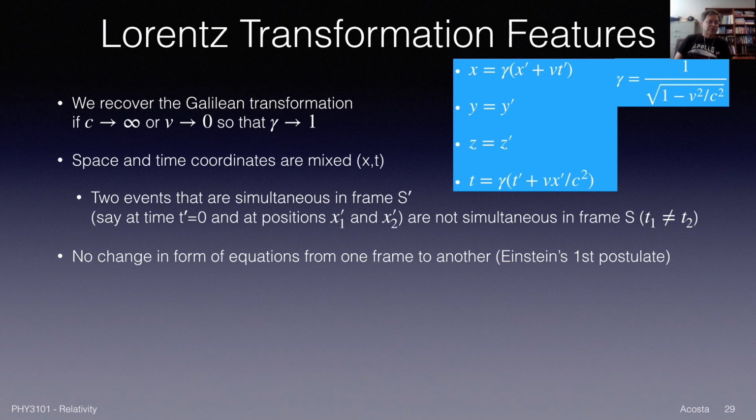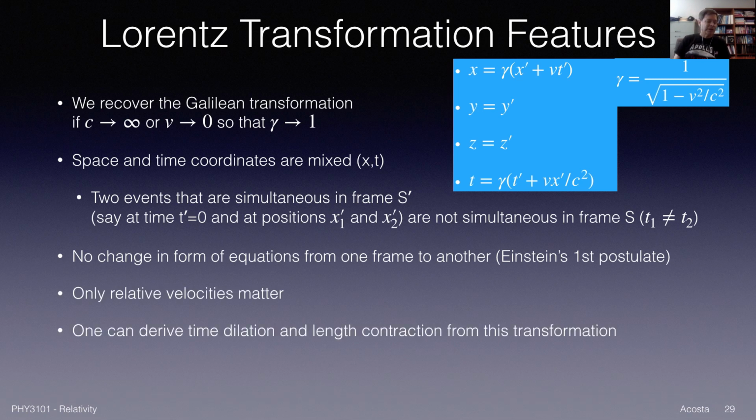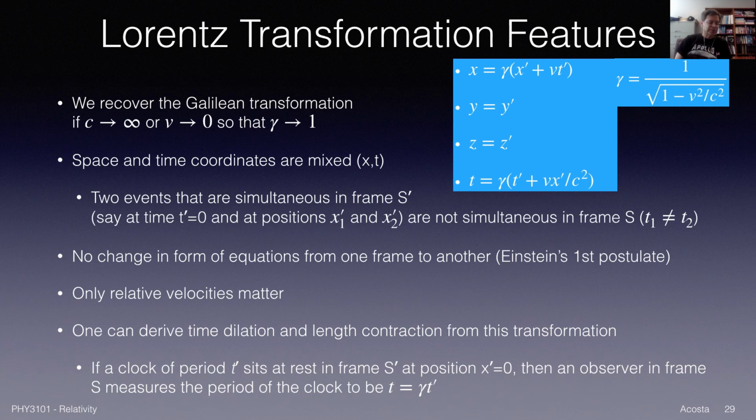And also note there's no change in form of equations from one frame to the other. They all have the same expression, just relative velocities matter. And in fact, from this more general set of equations, one can derive time dilation and length contraction. One way to see it is, suppose we have a clock of period t prime that sits at rest in frame s prime at position x prime is 0.